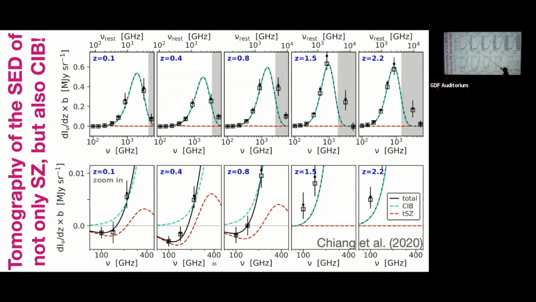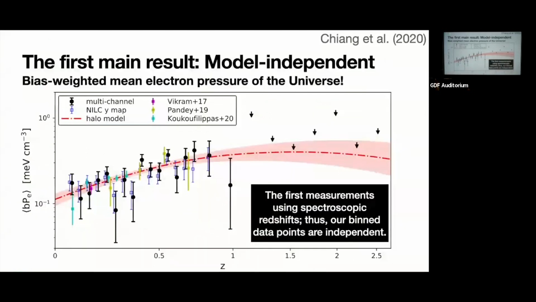So we do this decomposition to separate SZ and thermal dust emission. So this is the first main result. What we measure is the pressure, but biased in the overdense regions. So this b is a factor that multiplies the mean pressure.